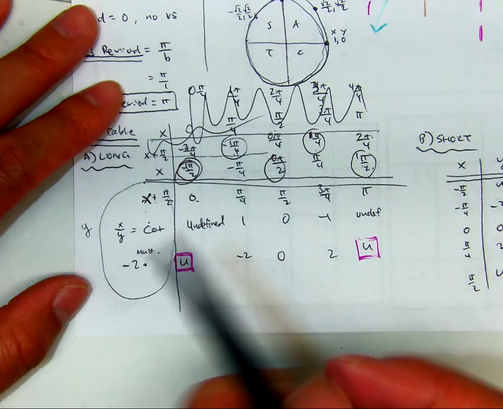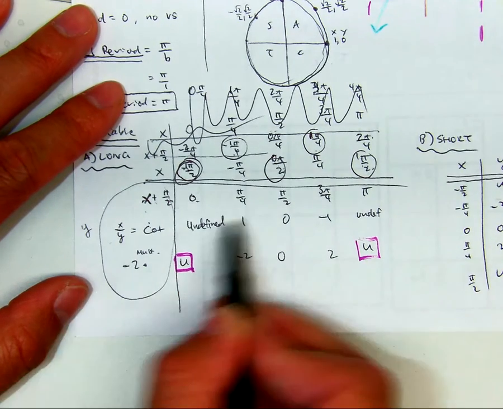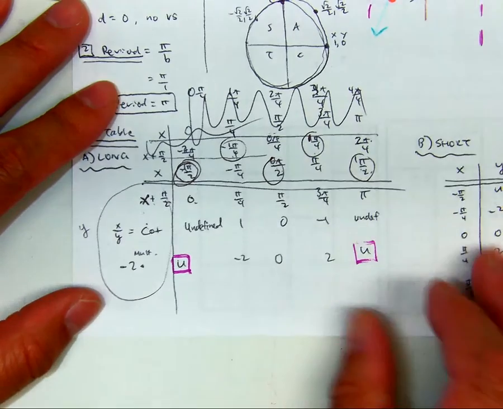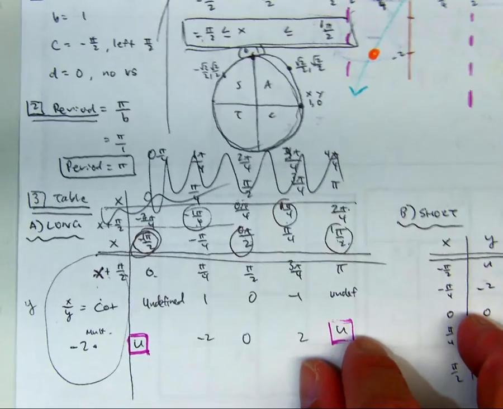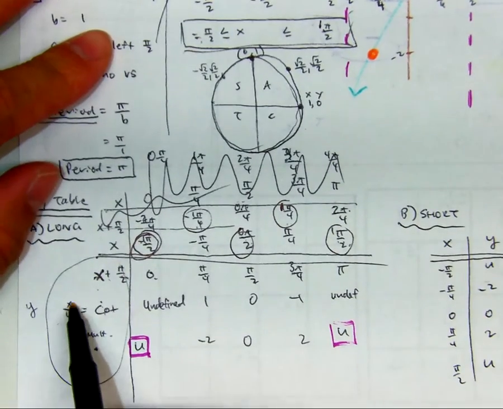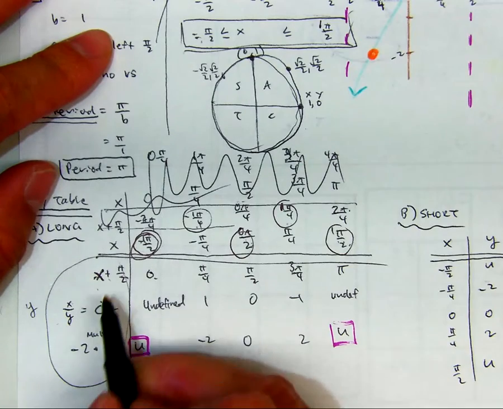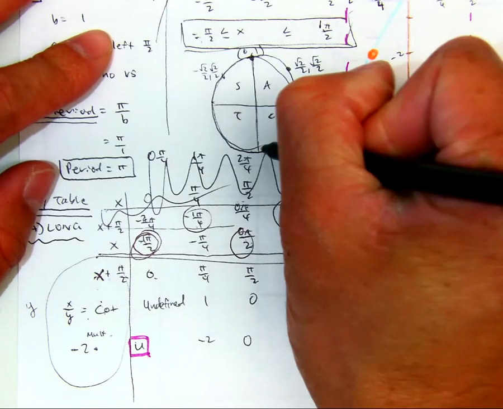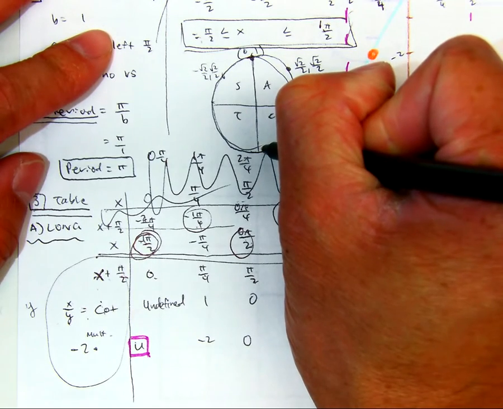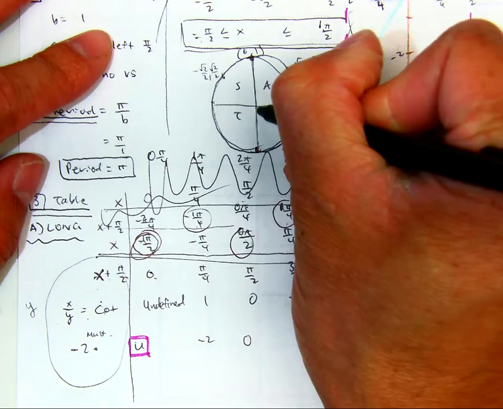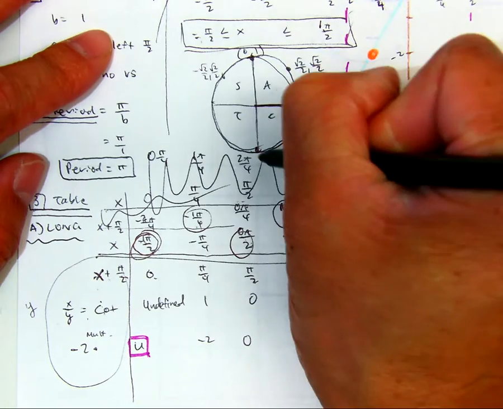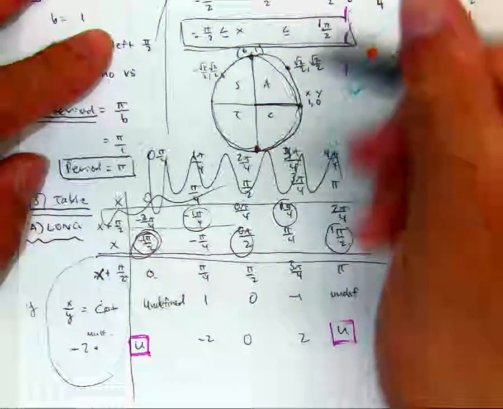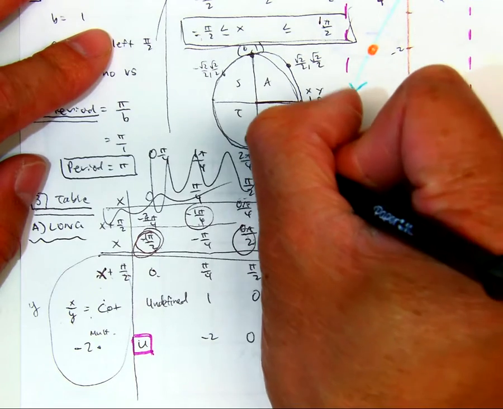And then we're going to find the cotangent at these values. So if you have your unit circle, cotangent is x over y. So if I look at negative pi over 2, that would be in this location, right? Because standard position would be here, and then negative pi over 2, and then the ordered pair here is 0, negative 1.